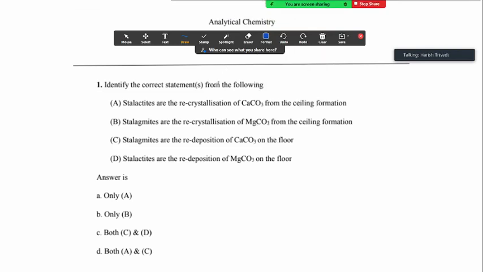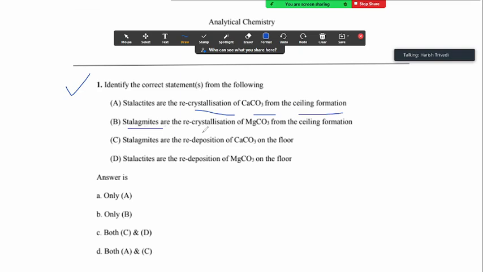So the first question is: identify the correct statement from the following. The first statement: stalactites are recrystallization of CaCO3 from the ceiling formation.